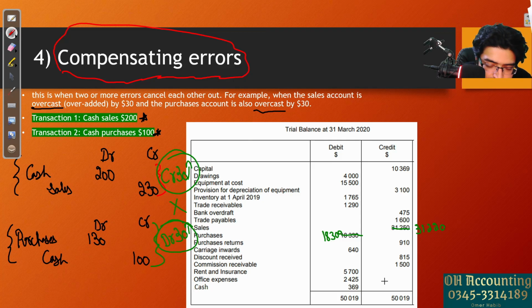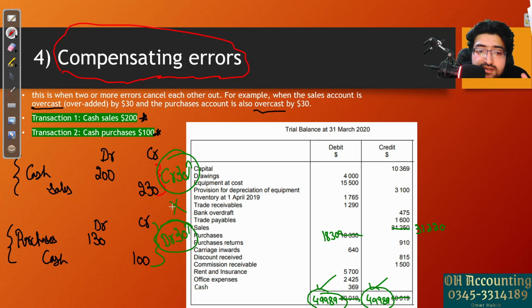So 50019 minus 30. The balance of this side will become 49989 and this side will also become 49989. Once we correct these errors, these are the new or actual balances of the debit and credit side which are equal. But even when we had made this error, the debits and credits were equal because these errors cancelled each other out.